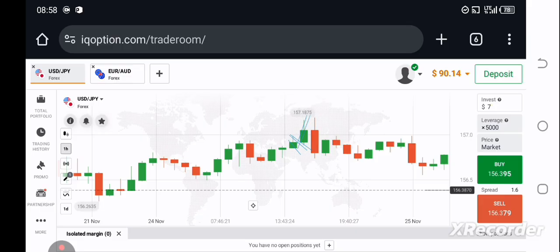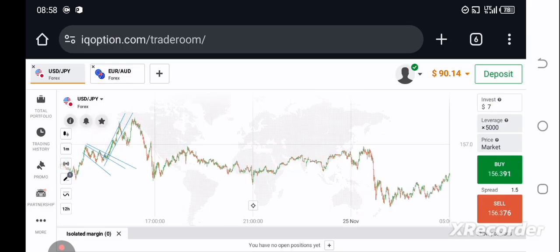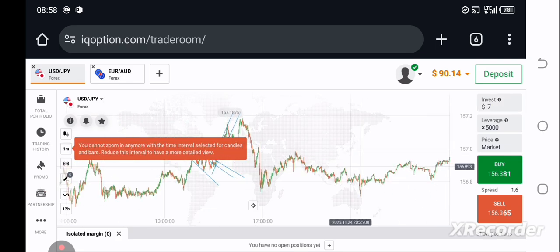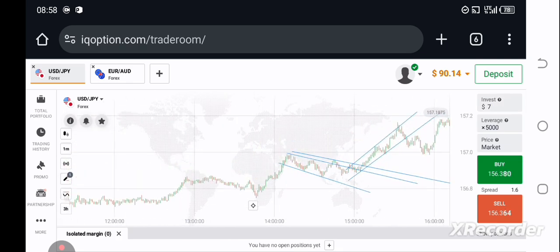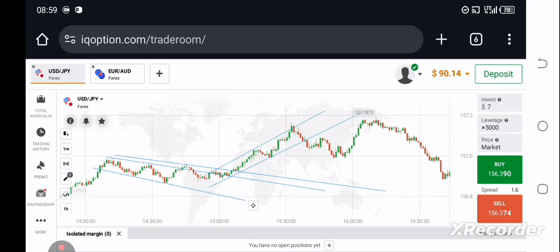This was, let me switch it to 1 minute. Let me see your previous setup. Look at the setup you did here. You see what I just explained earlier?